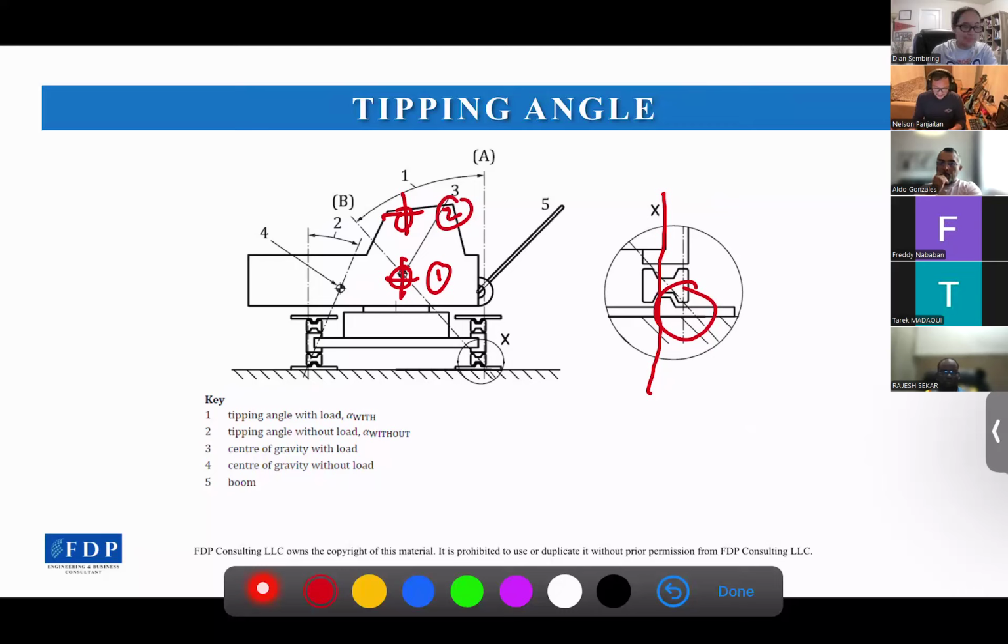Now the other question is, we know that we don't allow having a tilting on the part line during lifting, correct? So for example, like this, we have a crane like this.